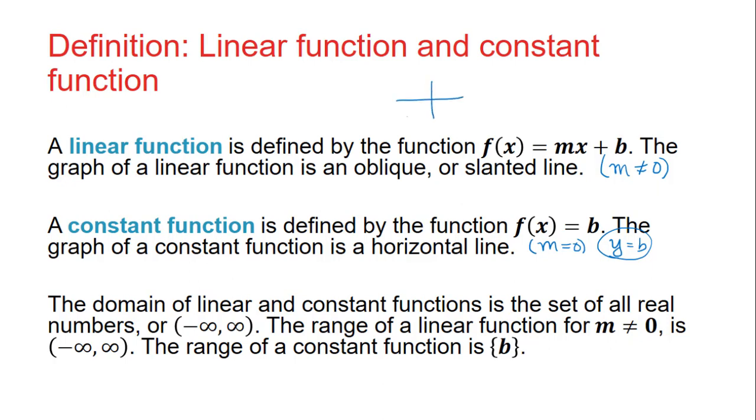If you recall, if we have a line that's slanted, like a line that goes from the third quadrant through the origin and up into the first quadrant, the highest and lowest point goes from -infinity to infinity for the range. And so the range of a linear function that is not a horizontal line is all real numbers. If it is a constant function, the graph of that is just a horizontal line, and there's only one y value that's on the horizontal line. So in that case, it's whatever the y value is of that line.